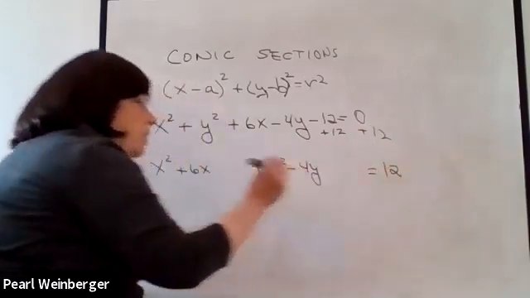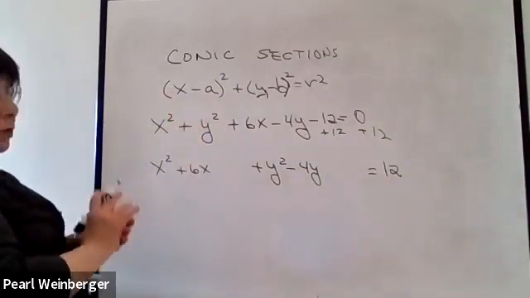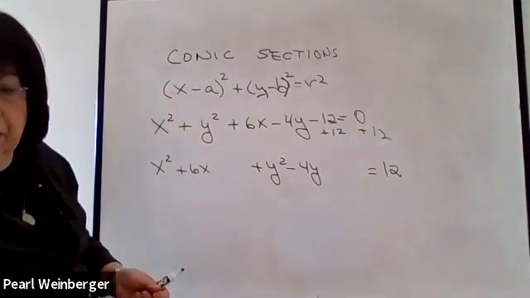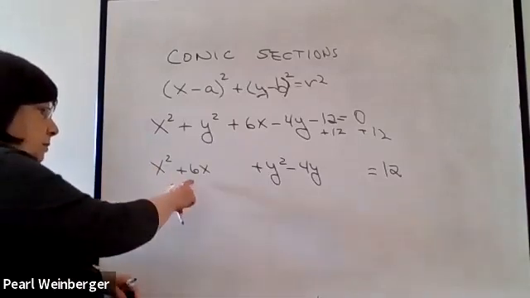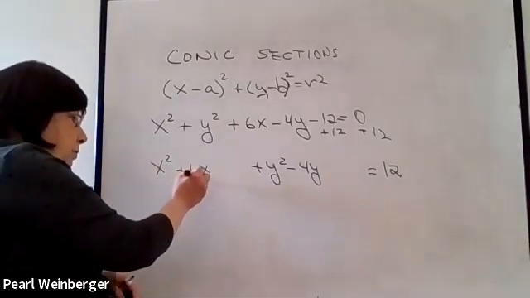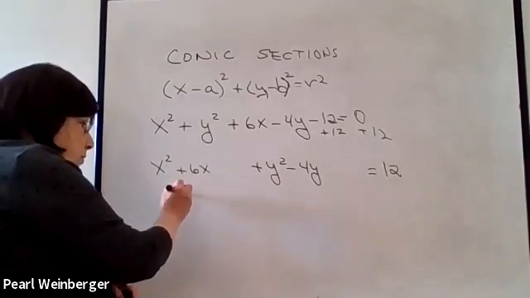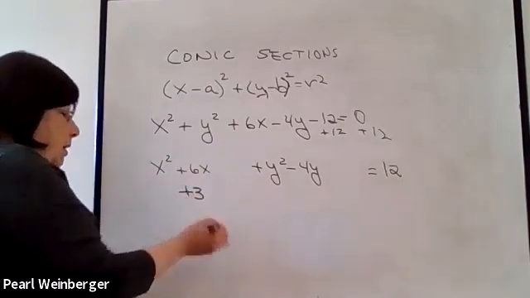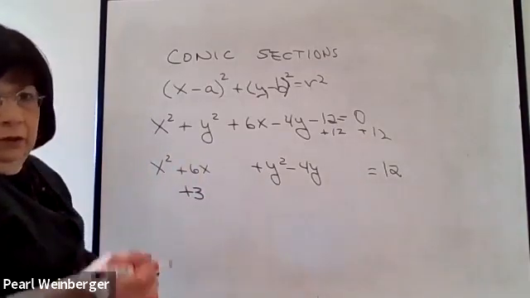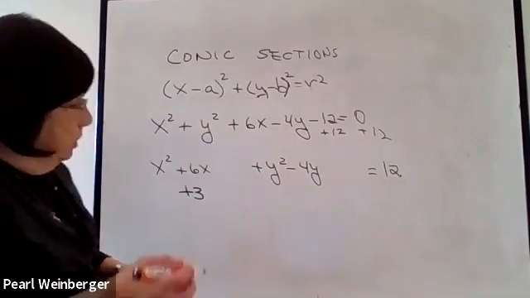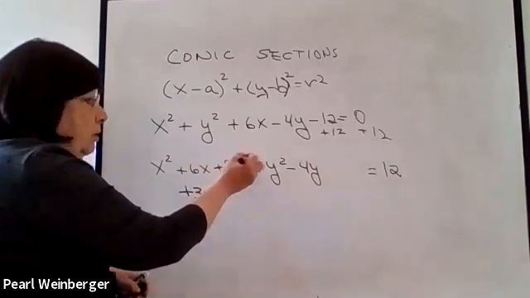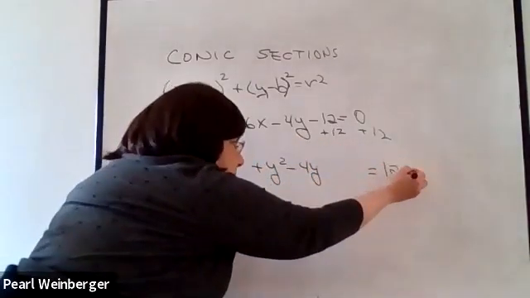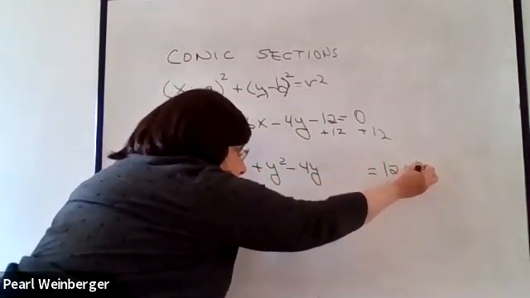So first of all, I rearrange things so that I can complete the square. Then I take half of this number, which is plus 3, and square it. 3 times 3 is 9. I add 9 over here, which means I have to add 9 over here.